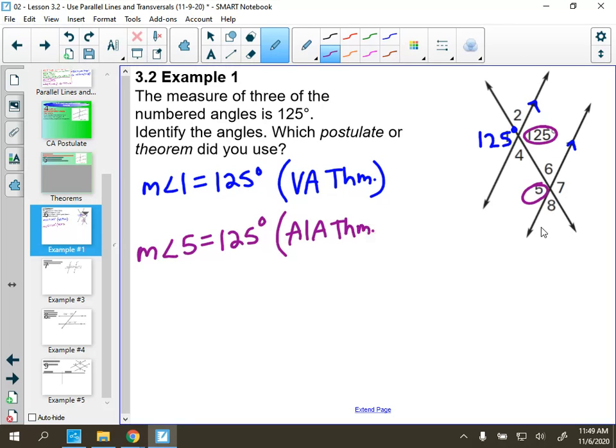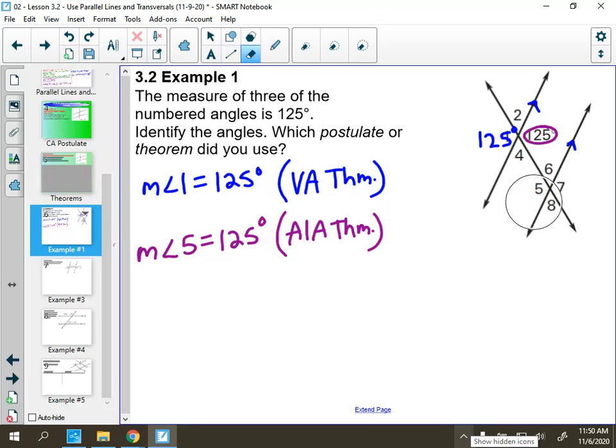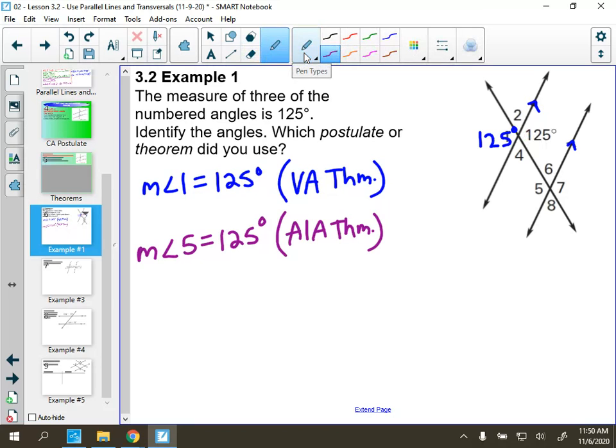Are you starting to see why it's so important to be able to recognize those names? Now you might say, well, that's not the way I did it, and so I'm not going to do this for every single one, but I just want you to see that it's okay. What if I said this angle right here and this angle right here? Do I have a name for that pair? Let's see.